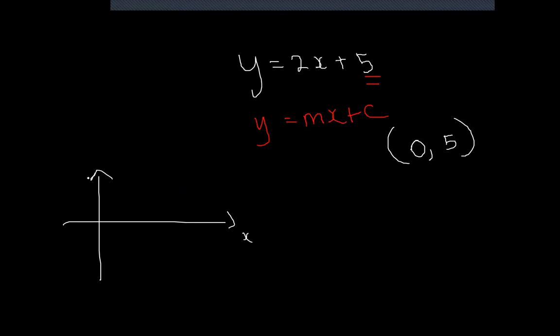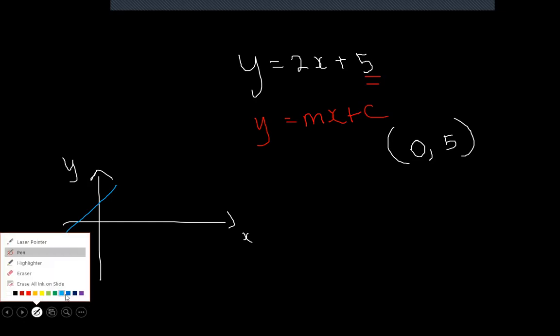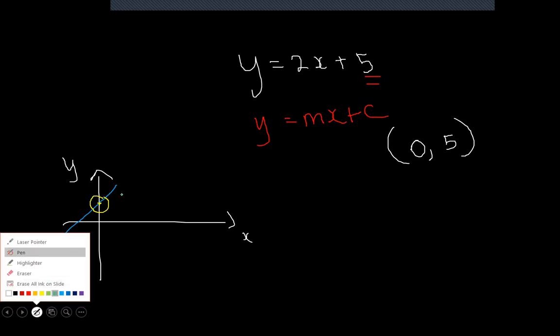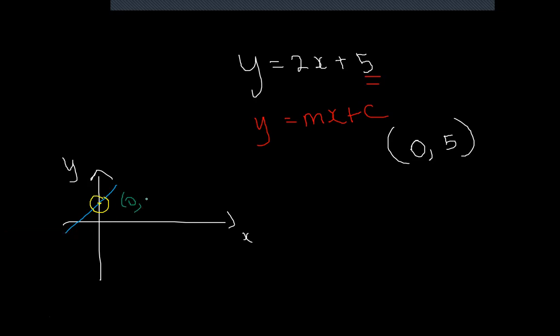Say x, y, and this is the line, so in this case it would go up like this. It would be a positive gradient. This is the y-intercept, wherever it cuts the y-axis, and in this case it has the coordinates 0, 5.